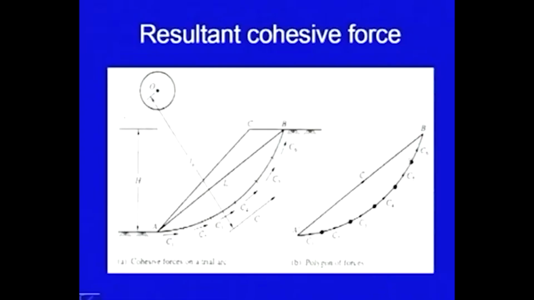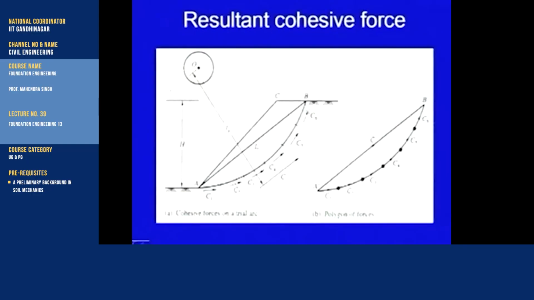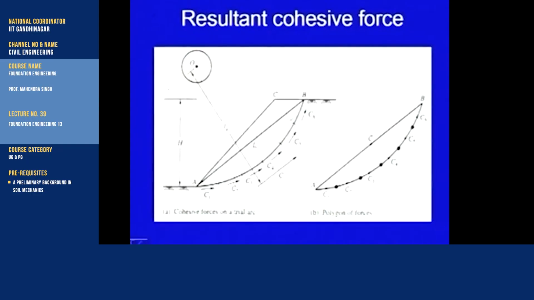So, if you compare this figure and this figure, the resultant in magnitude should be equal to this length, and its direction will be in this direction. So, the resultant of these cohesive forces will be equal in magnitude, and it will be parallel to this line AB.